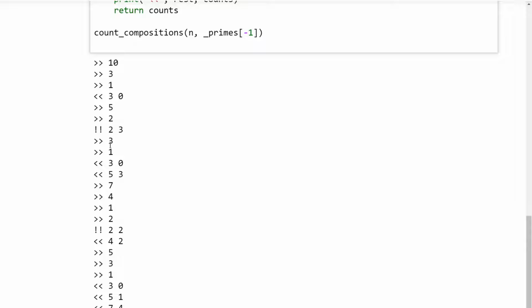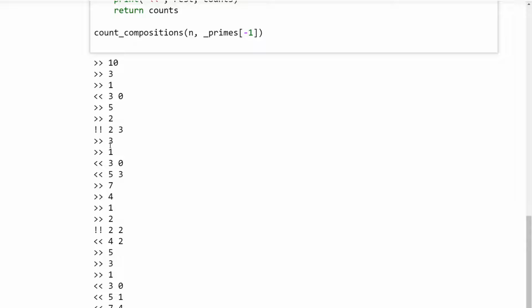For example, if we take 7 as the max p, maybe we don't have to loop. We shouldn't loop, maybe. We should probably loop on the outside, for the numbers.